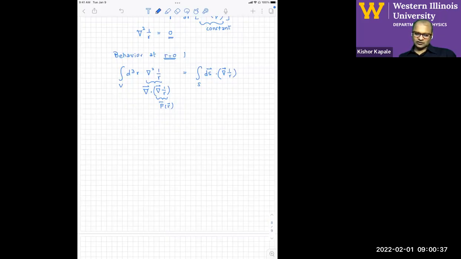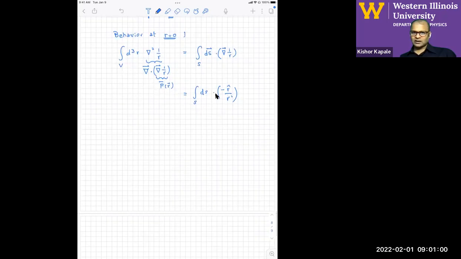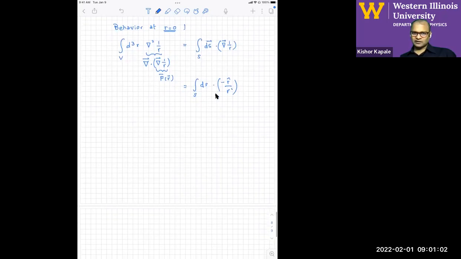Okay, and so this we have to do only around the point r equal to 0. And so this integral ds of gradient of 1 over r is going to be negative r hat over r squared. Everybody okay with that? Again, you could take the 3D spherical expression for the gradient, and the r component of that would be just negative 1 over r squared, right?